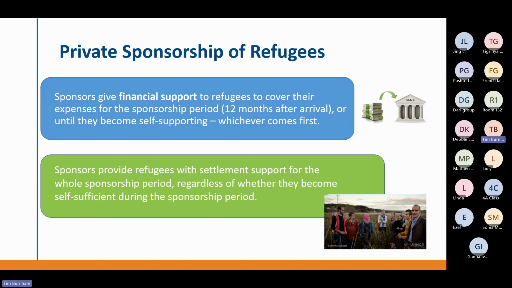So the way that private sponsorship works is that the sponsors give financial support to the refugees to cover their expenses for the sponsorship period. And usually that's about 12 months after the refugees arrive in Canada.